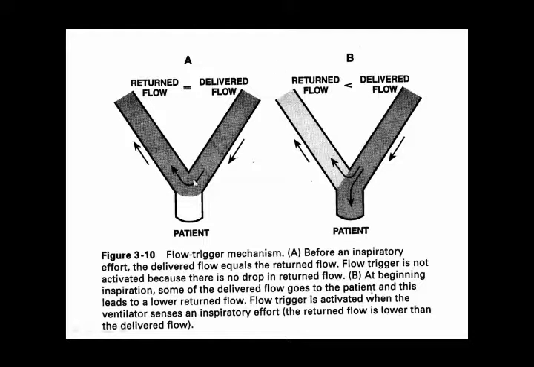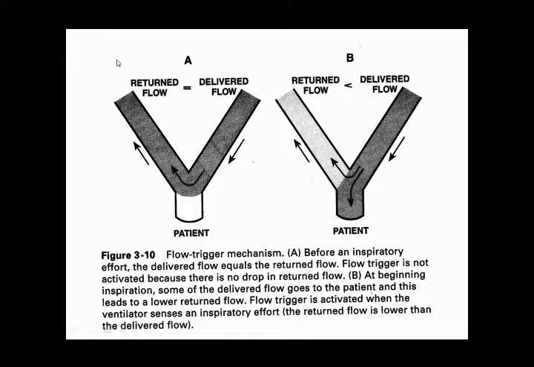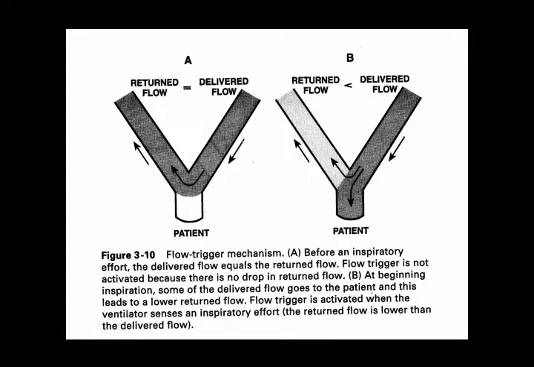It's being put out by the ventilator, and it's being read back by the expiratory flow sensor, and it's basically saying that whatever delivered flow I have is equal to whatever's being returned. I'm putting out a base flow of, say, 5 liters per minute, and I'm looking for that 5 liters per minute to come back on the expiratory limb.